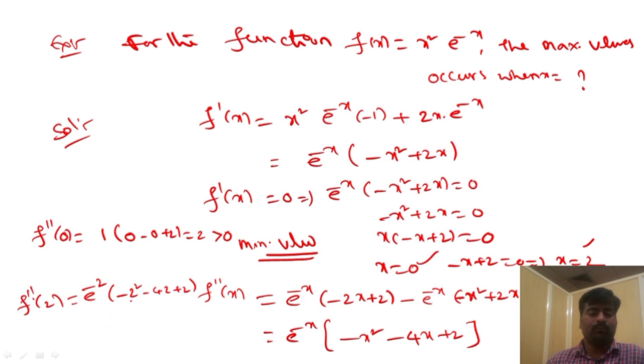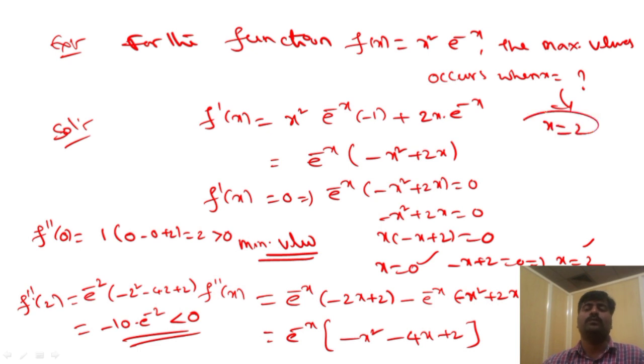So this will be minus 4 minus 8 plus 2, minus 12 plus 2, which is minus 10 into e power minus 2, less than 0. So the maximum value occurs when x equal to 2 only.